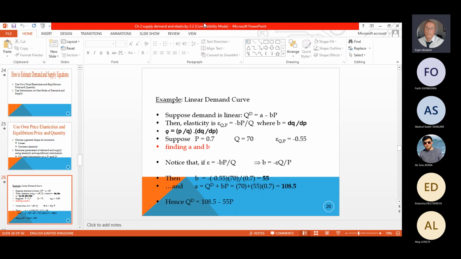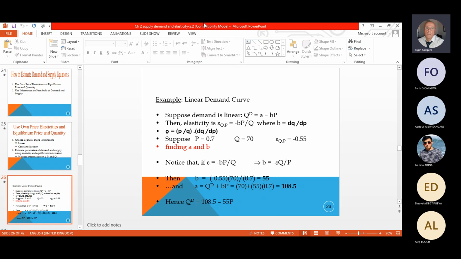When you put this into the equation for finding A and B, because we don't know A and B, you use this given information and put it into the equation for the elasticity. 0.55 is the given elasticity. Then you put the initial quantity 70 and the initial price 0.7, and you will find B, which is 55.